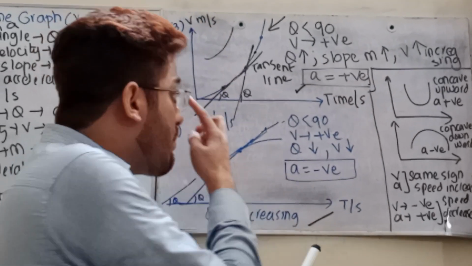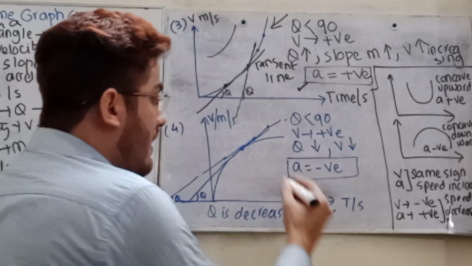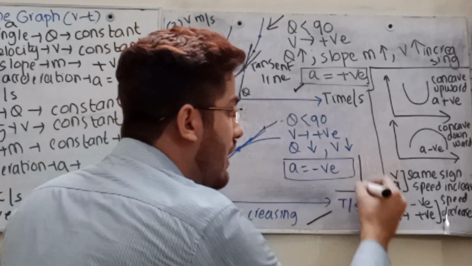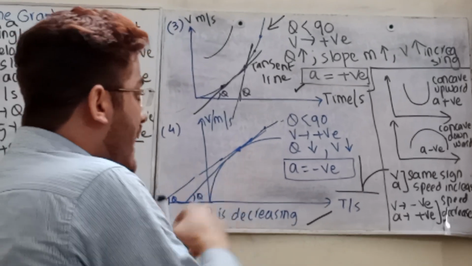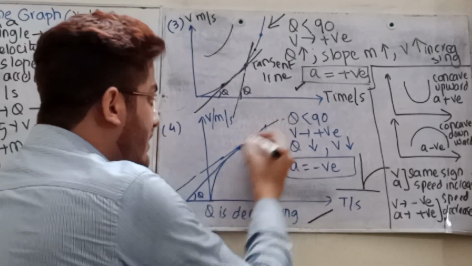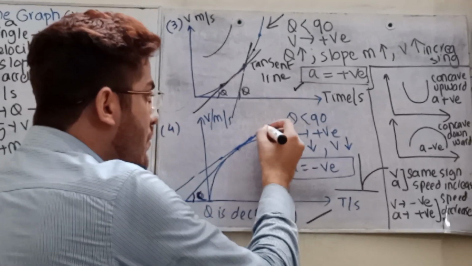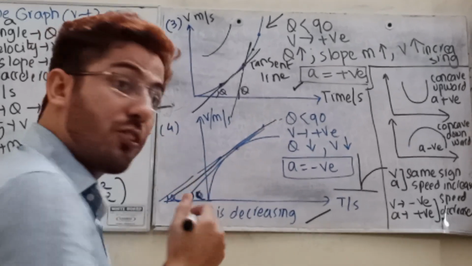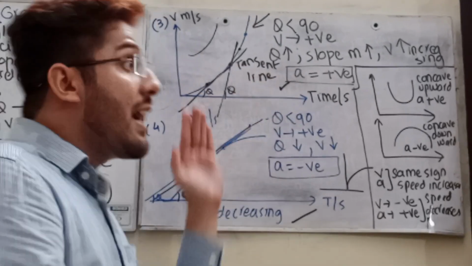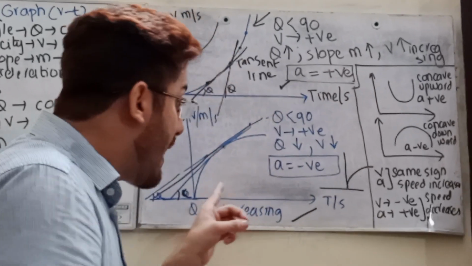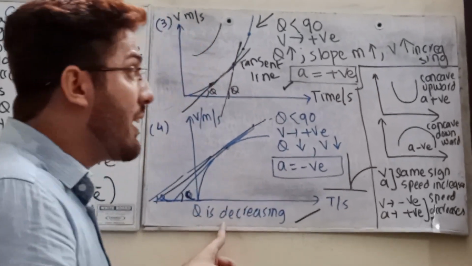Okay. Now case number 4, student. If you remember this graph, now at this point we are going to calculate theta again. Theta is decreasing, student. Here theta is increasing, here theta is decreasing.